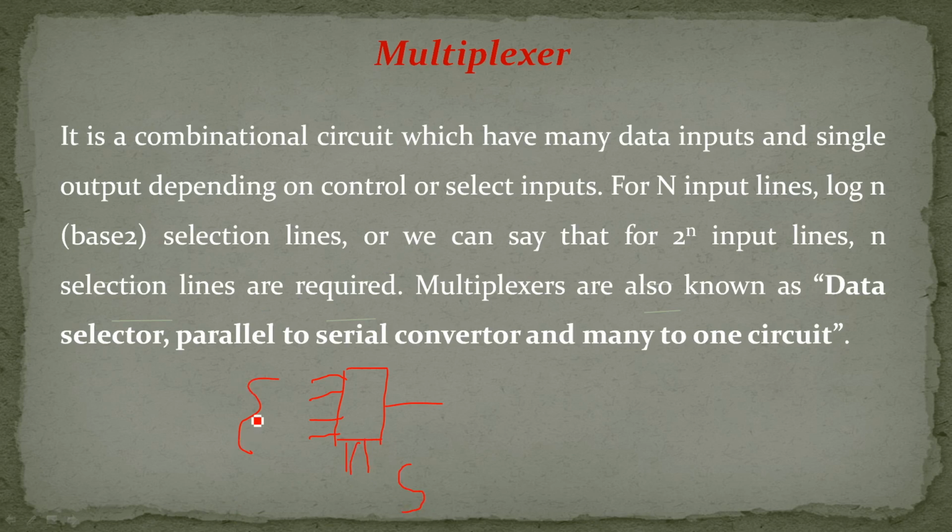Let us take the number of inputs as capital N, which requires log of N base 2 select lines, and which has a single output. Let us assume the output is Y.